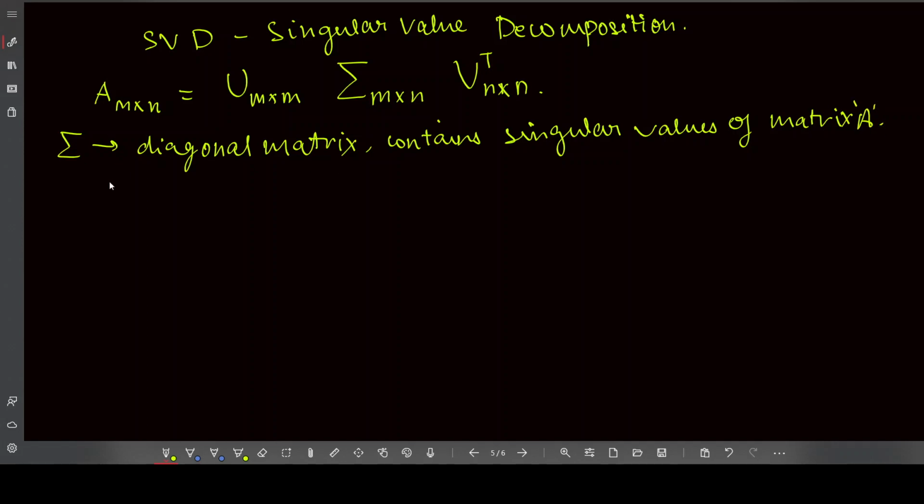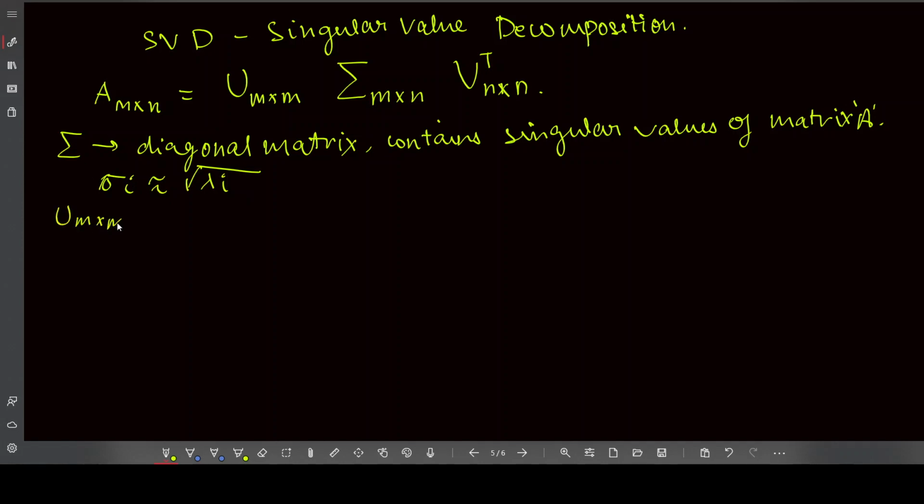What are singular values? Singular values, let's say sigma is my singular values, is roughly equal to the square root of the eigenvalues. So singular values of A will be roughly related to the eigenvalues of A. So sigma is a diagonal matrix and it contains only the singular values.